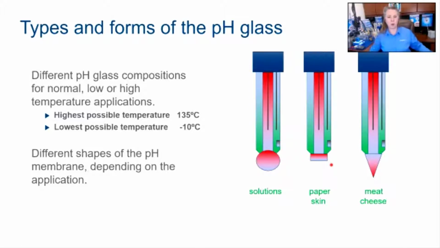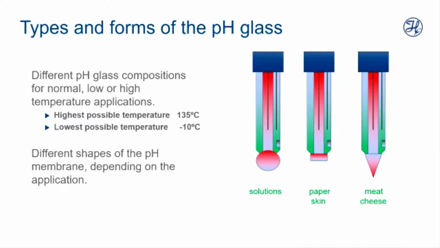So paper, skin, leather, where pH can be very important in the processing. Meat and cheese have a pointy tip, so it can penetrate into the layer and get you a measurement just below the surface. And they all have different reasons. Again, in biopharma and bioprocess and in labs, you're going to generally see the round bulb.